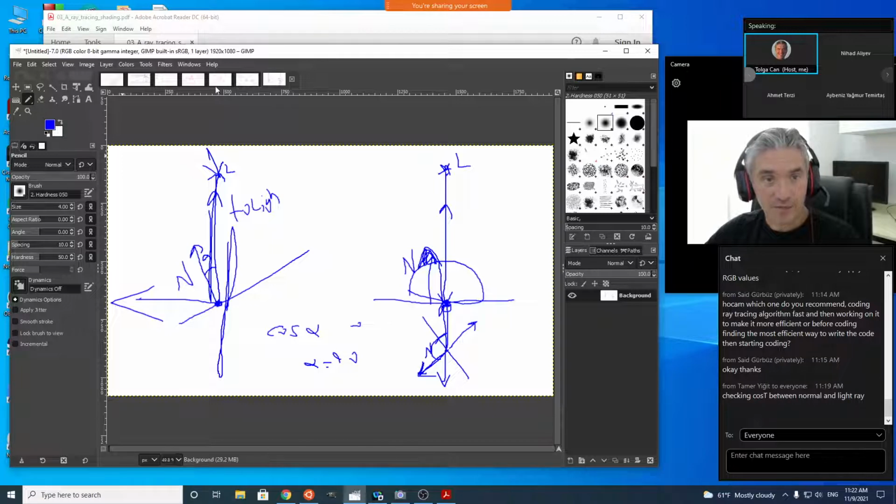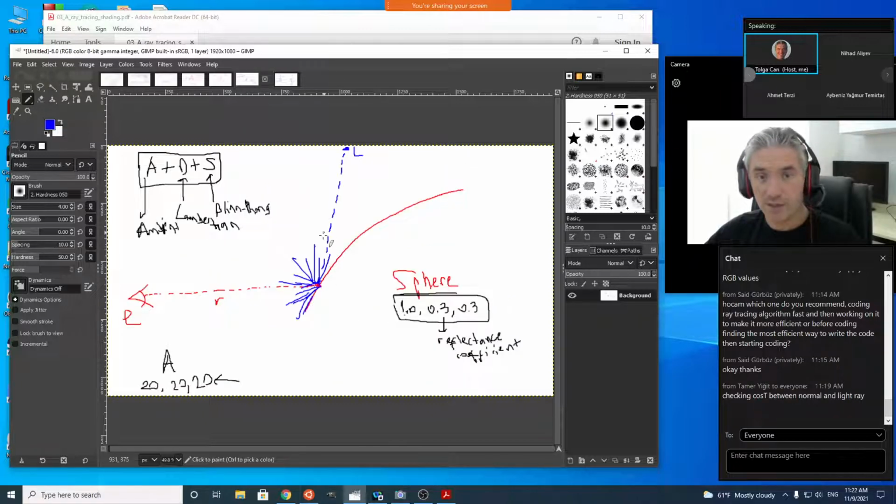The only thing that we do in the diffuse model is we form this to light ray. If you normalize this to light ray, and this is the normal of the surface, we have two vectors, normal and light. Imagine they're normalized vectors, which means that their length is 1. When their length is 1, the cosine of the angle between them is given directly by their dot product.